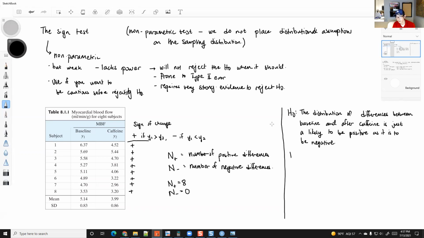Okay, and then for the alternative, you can have non-directional. You can just say the differences are not equally likely to be positive and negative.